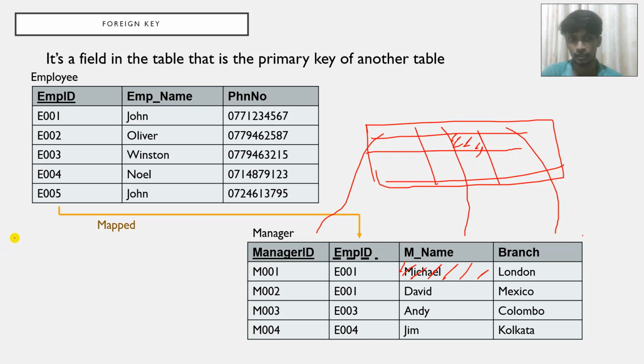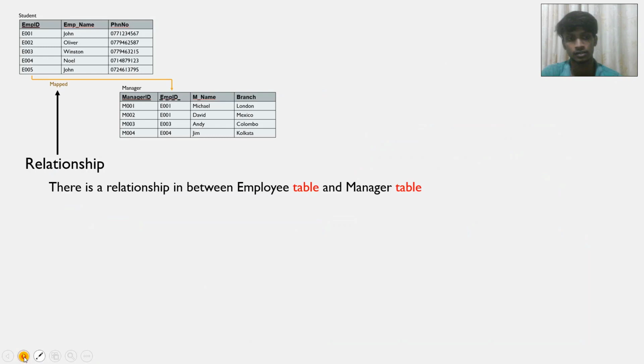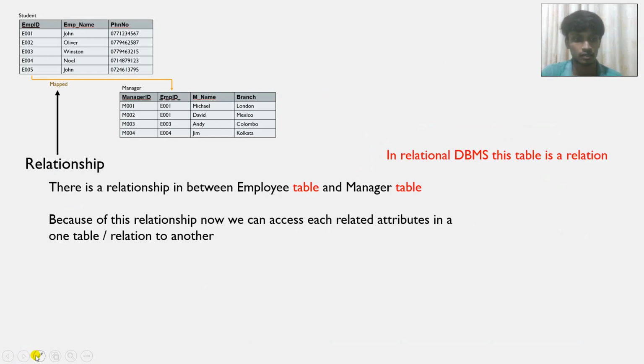So if we make a relationship like this, then the employees exist in this table, and we can identify the employees related to Michael by accessing only this manager table. Okay, so that's how relationships work.